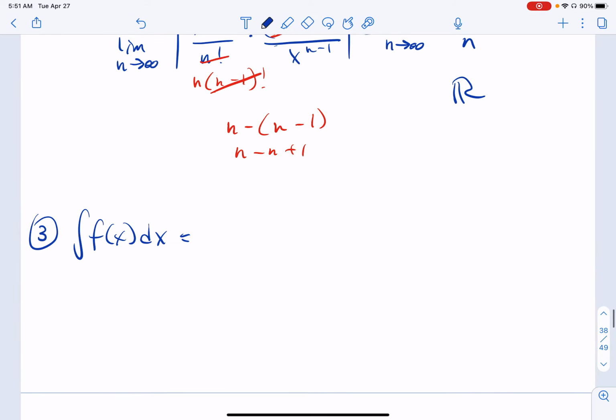So it will look like summation from n equals 0 to infinity of x to the n plus 1 power, and we'll divide that by n plus 1 times the n factorial that we started with. And tell me, what is n plus 1 times n factorial? That is an n plus 1 factorial.